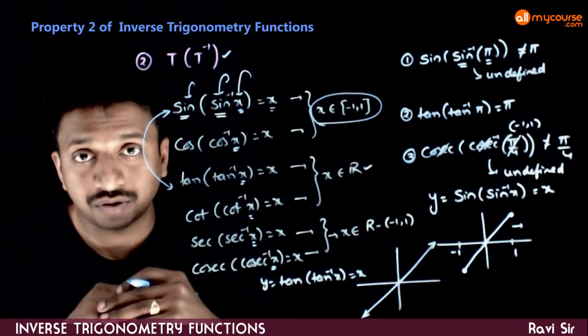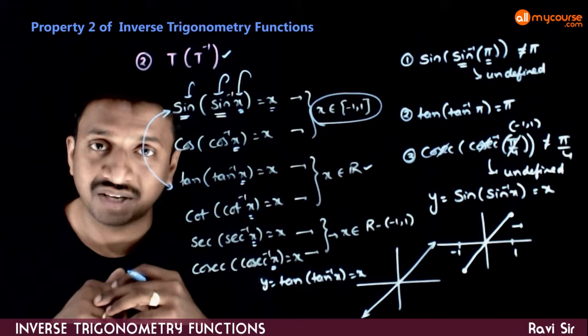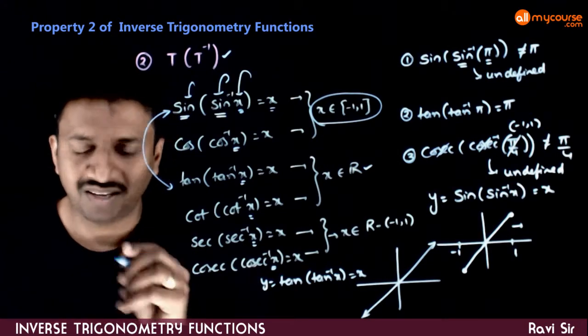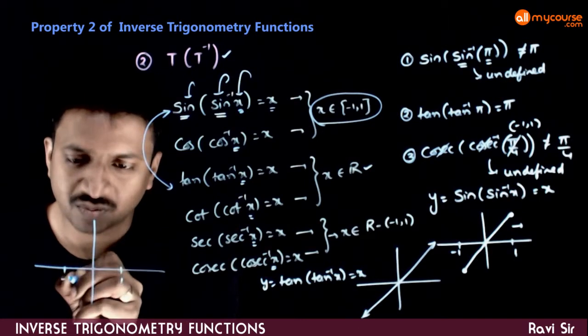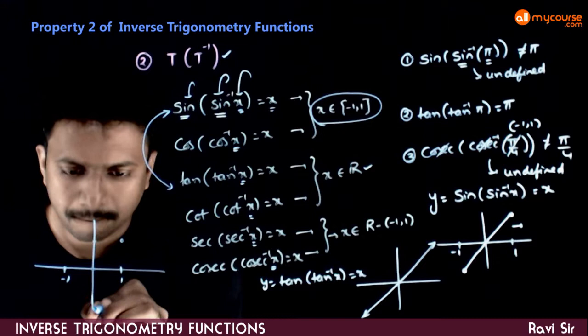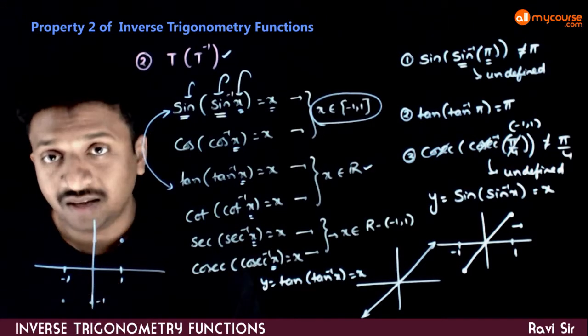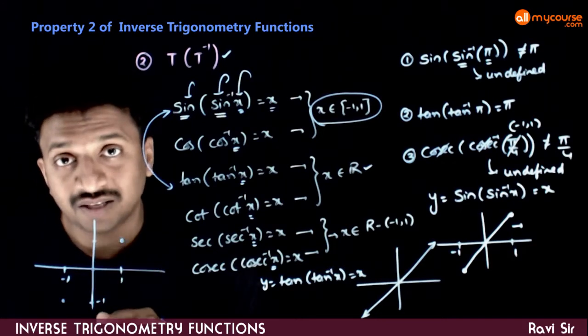And can you guess how to draw the graph of secant of secant inverse and cosecant of cosecant inverse? It's very easy. So if you take the graph, this is 1, this is minus 1. Now here the graph does not lie between minus 1 and plus 1.